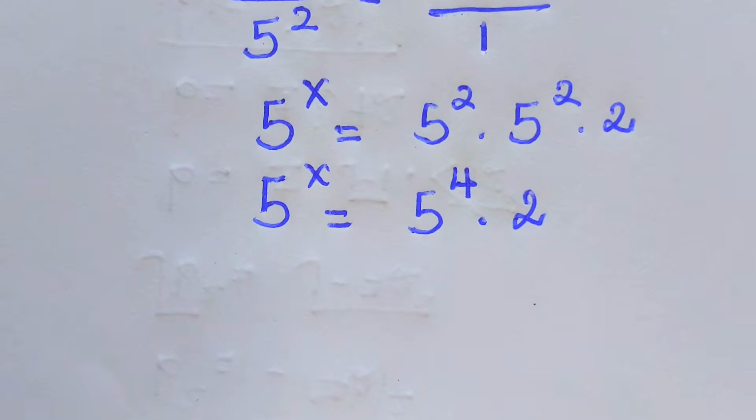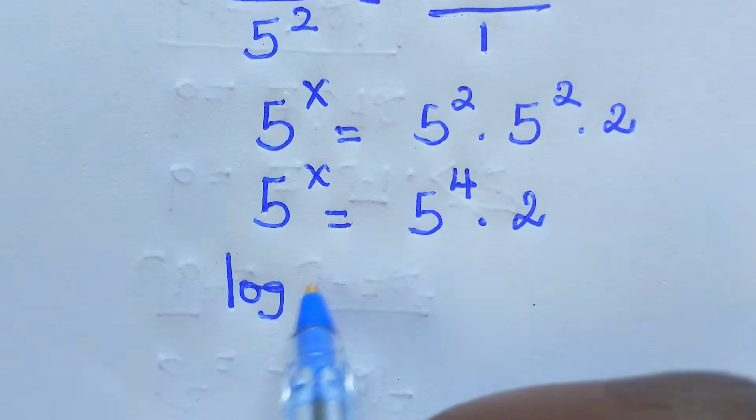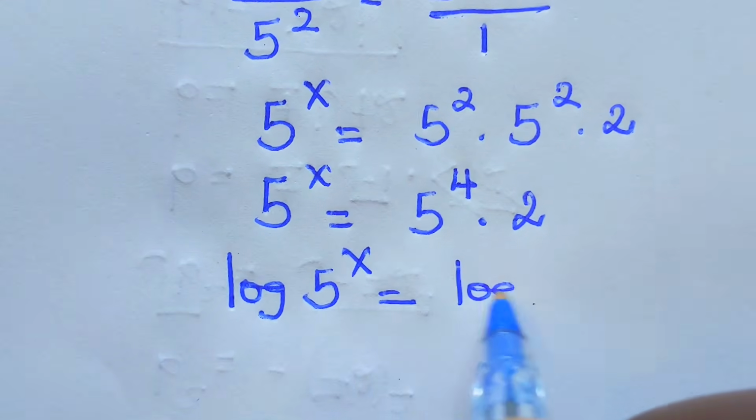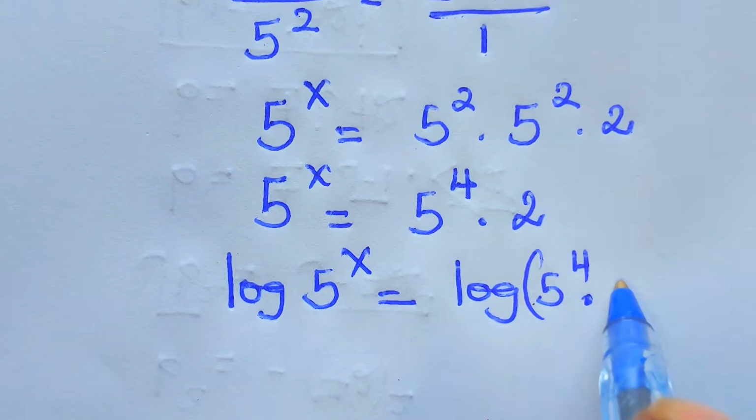At this stage we have to apply a logarithm on both sides, so that here you have logarithm of 5 power x equals to logarithm of 5 power 4 times 2.